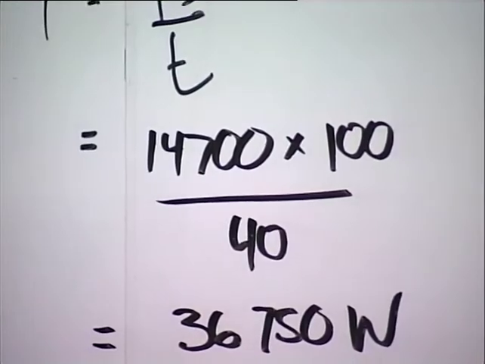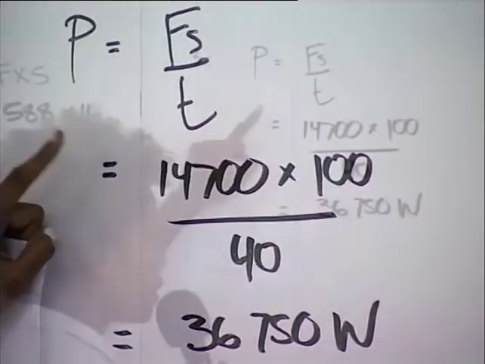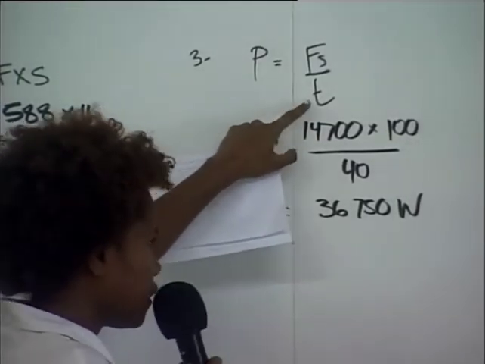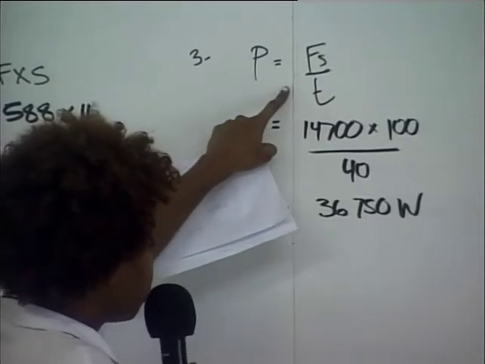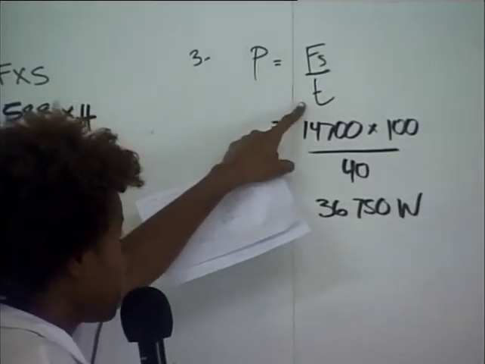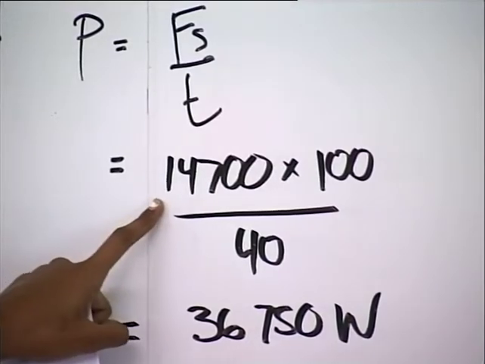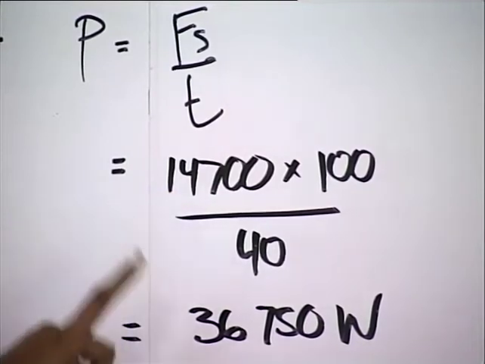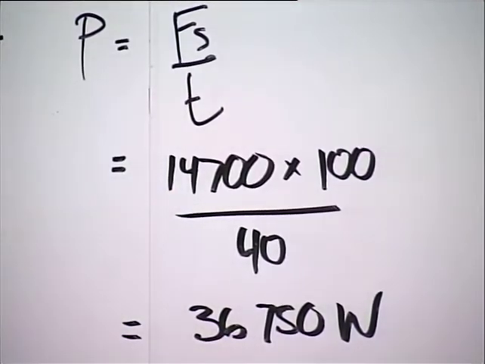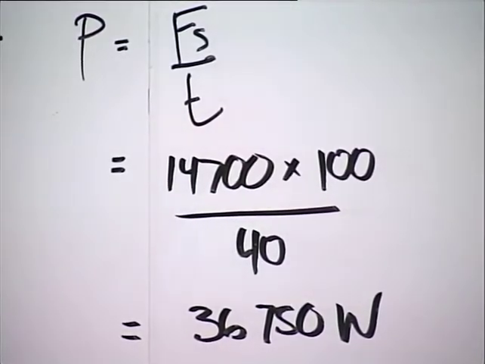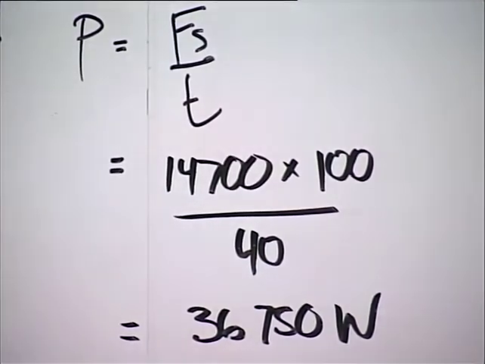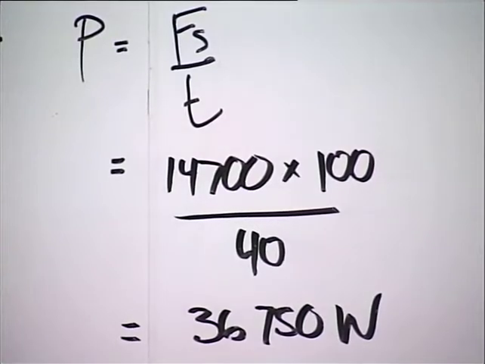To find power, we were given the mass, so power is equal to Fs divided by time. To find the force, we multiply the mass times acceleration, we get 14,700. So force times the distance over time gives you the power, which is 36,750 watts. All right, looking at the answers to the last question, the answer is 36,750 watts. Okay, that is the power.